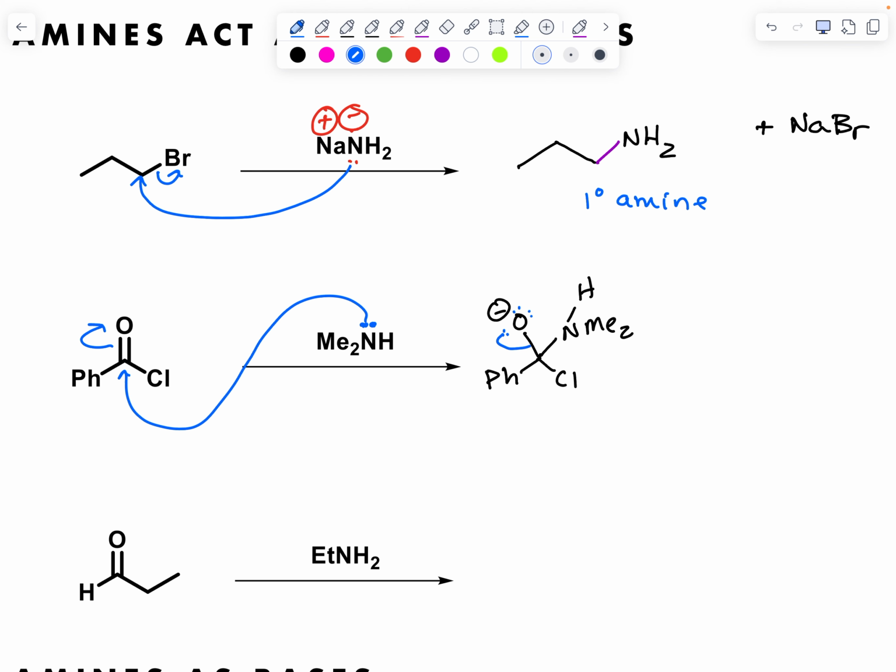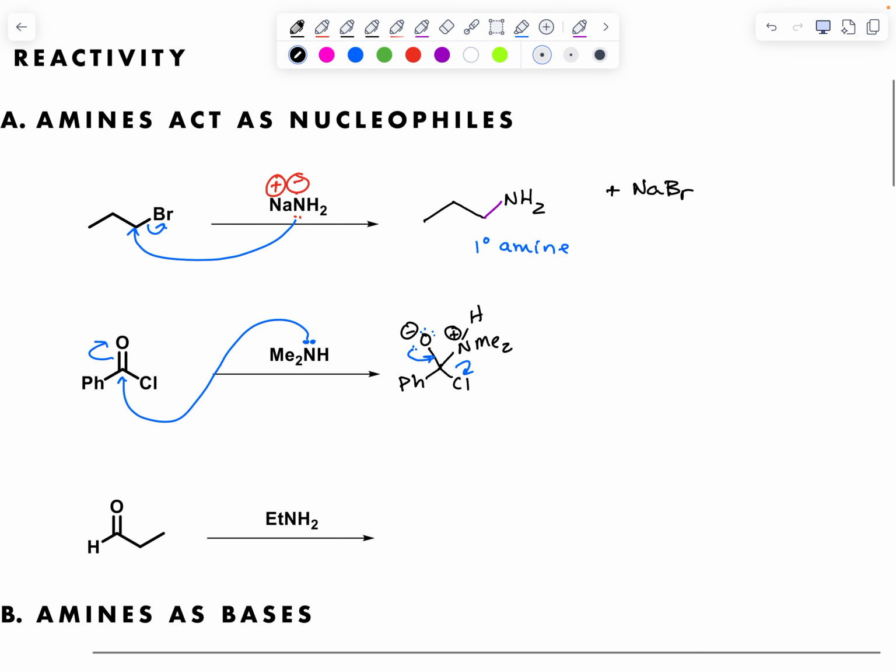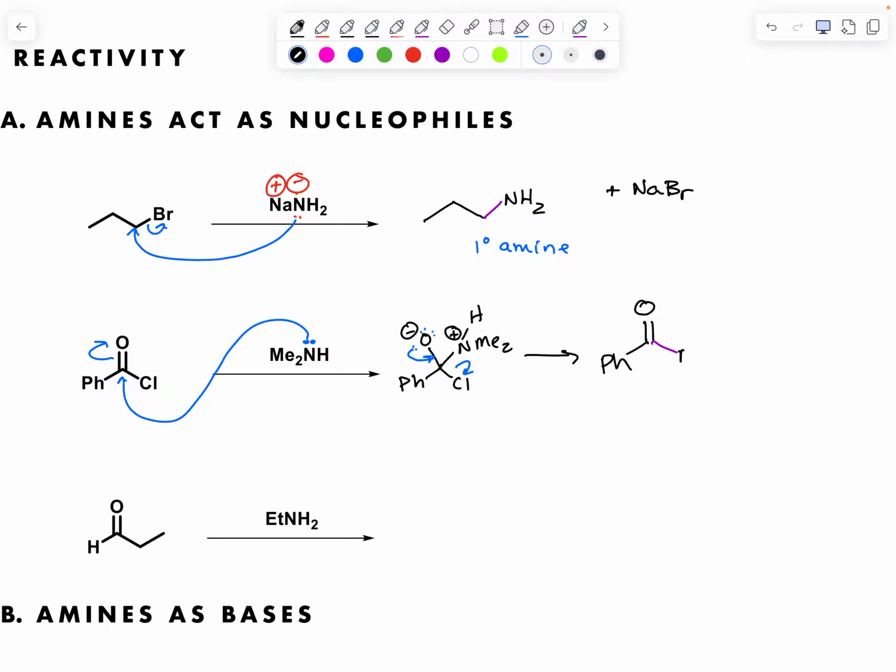Not too bad, right? Okay, this is a moderate base. The negatively charged nitrogen is a very strong base. So when we have a negatively charged nitrogen acting as a base, it grabs the proton, and we make a neutral amine as the conjugate acid.